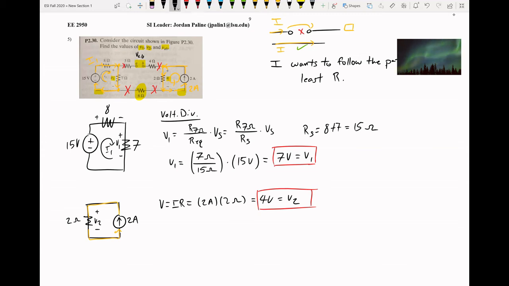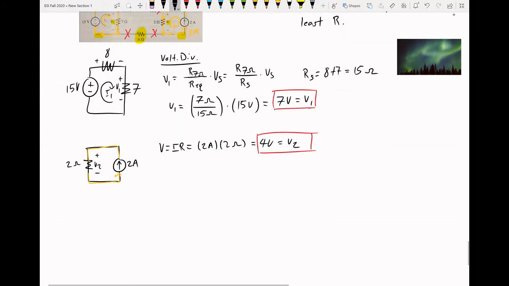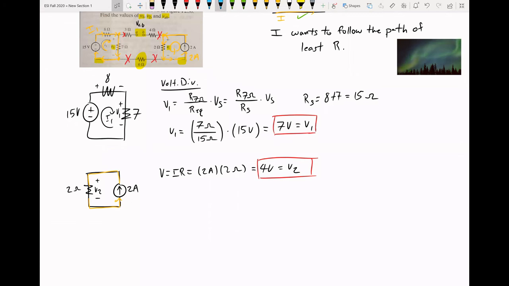All right, but now we need to figure out what VAB is. What's important is that we know the values for V1 and V2. If I take this point to that point, you're losing 7 volts, and from here to there, you're losing 4 volts.